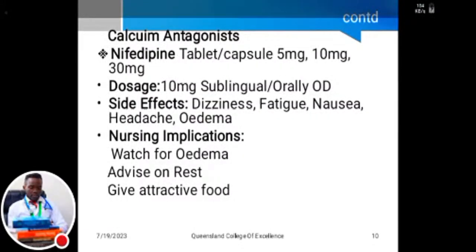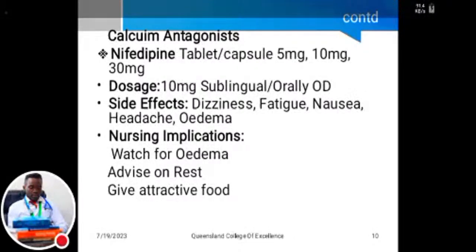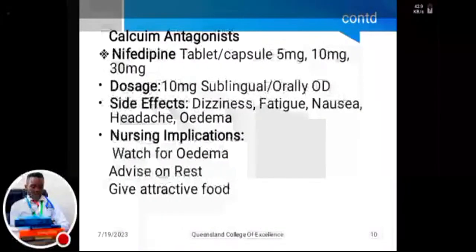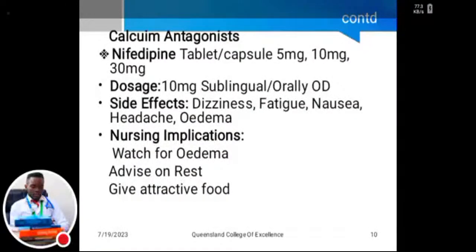Then it also brings about fatigue, nausea, as well as headache and edema, like swelling, especially in elderly patients. It brings about what we call varicose. This is a situation whereby an elderly person, from nowhere, the legs will just start swelling, like the legs are swollen all of a sudden.